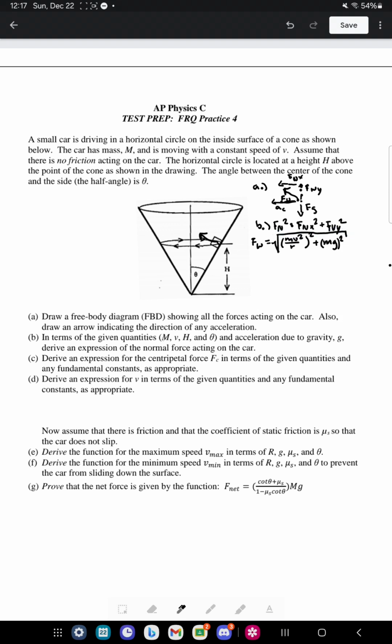Since the question asks us to give the answer in m, v, h, and theta, we want to get rid of this r, and the r is this radius right here.